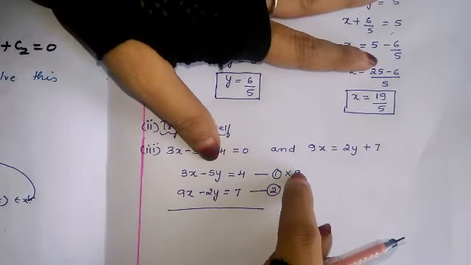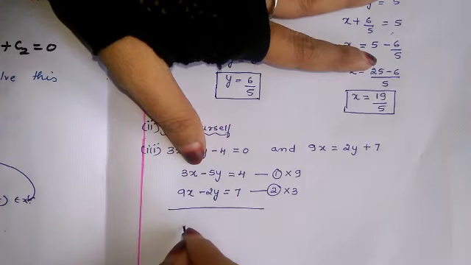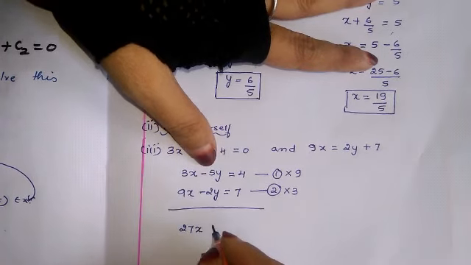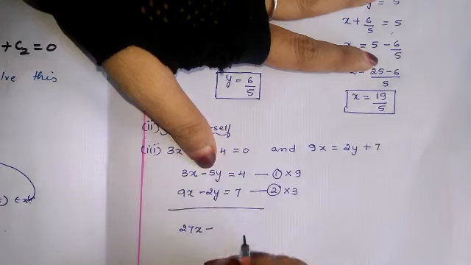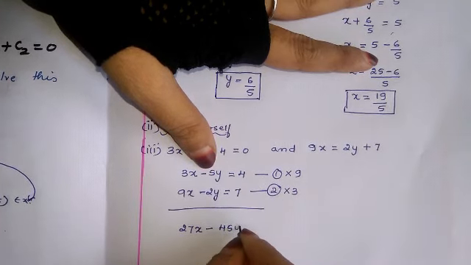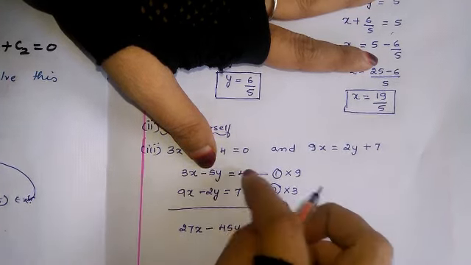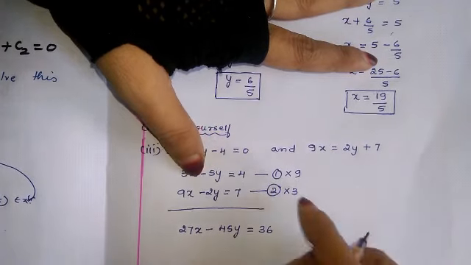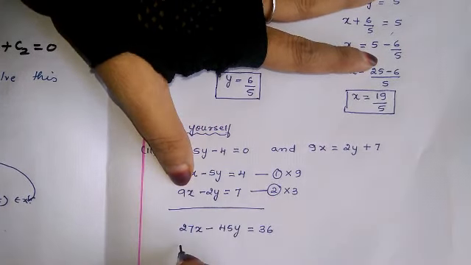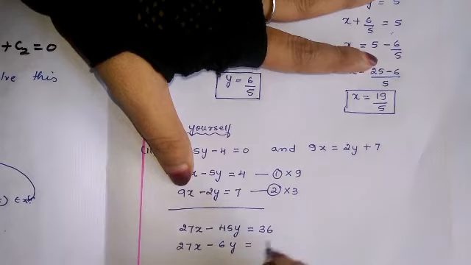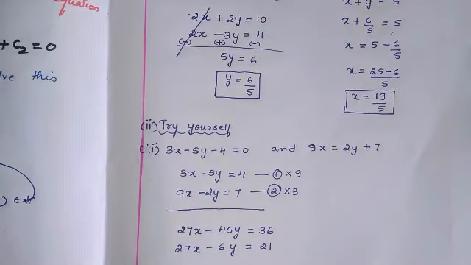Now let me multiply. 9 3s are 27x minus 9 5s are 45y is equal to 9 4s are 36. 3 9s are 27x minus 3 2s are 6y is equal to 3 7s are 21. So this we got the equations now.